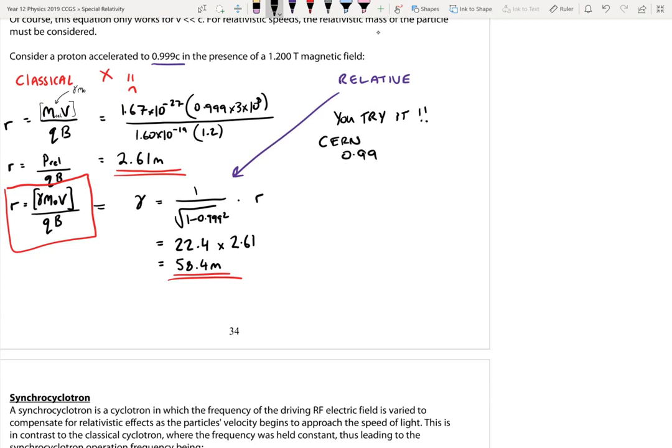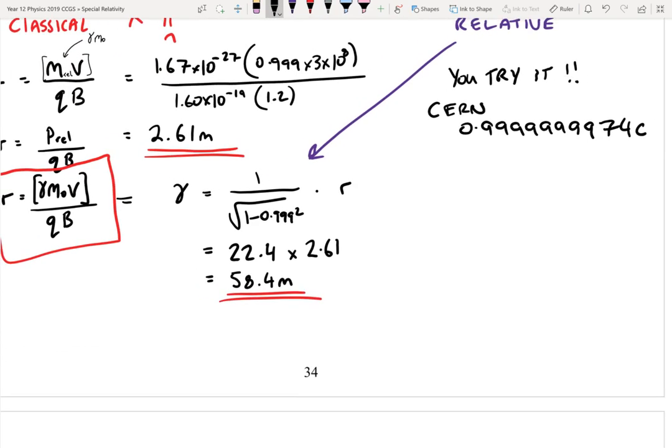Ready? 1, 2, 3, 4, 5, 6, 7, 8, 7, 4, c. Could you please tell me how big my radius needs to be, given a proton travelling at that speed in that magnetic field? Tell me how big my particle accelerator needs to be.